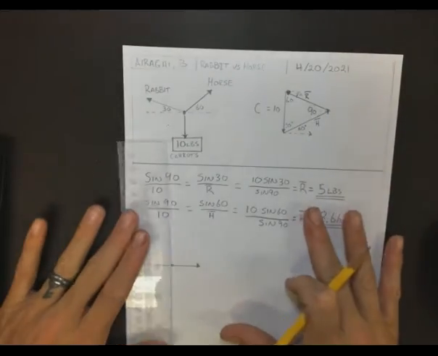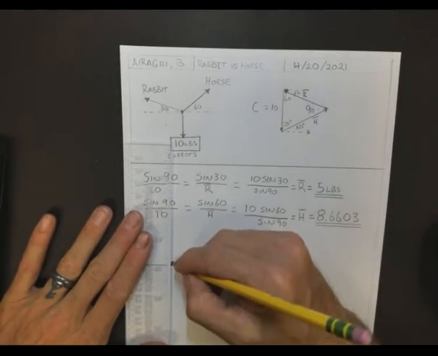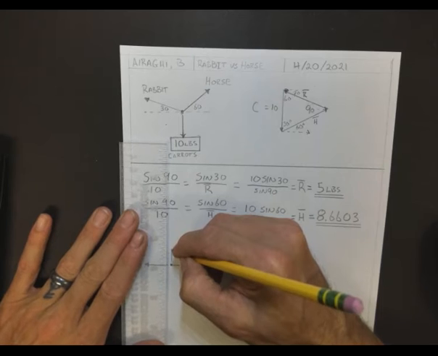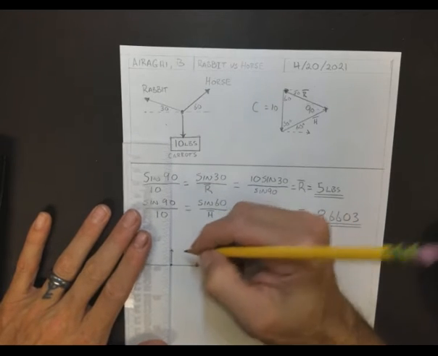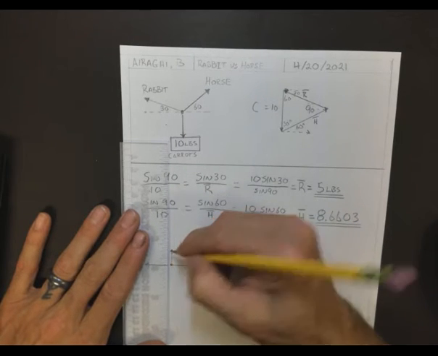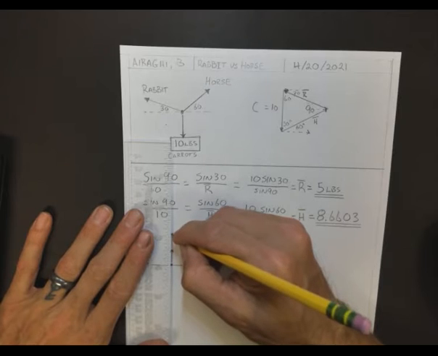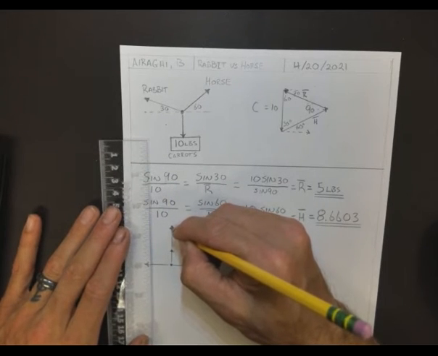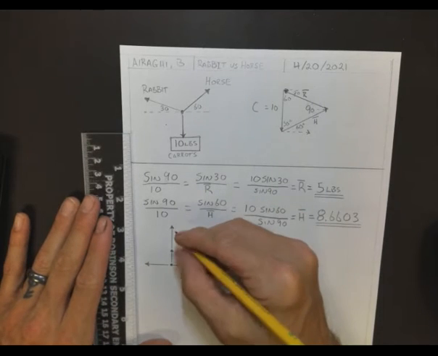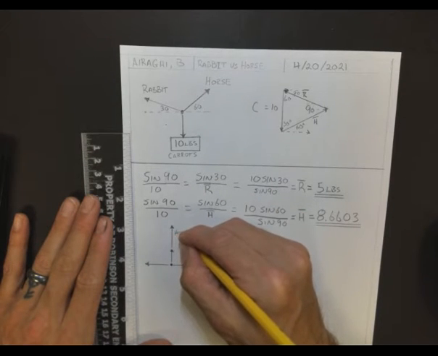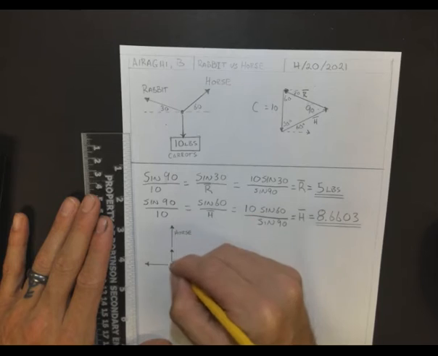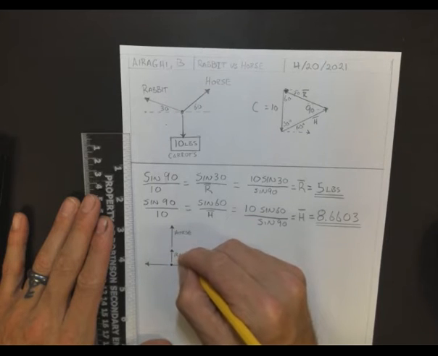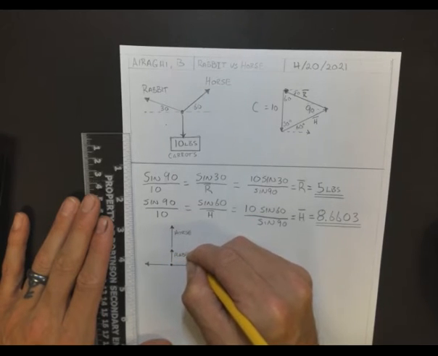I'm going to draw it this way so you guys can see. This is rabbit. This is horse. This is rabbit.